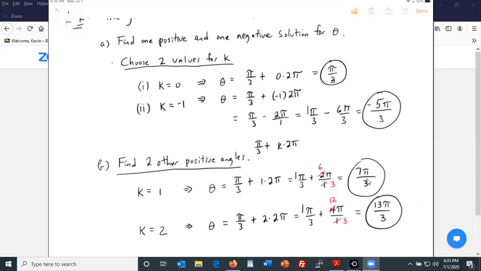What's 7 pi over 3? That's 2.3. So you would scratch this off. 13 pi over 3, that's 4 point something, right? 13 over 3. So you would scratch that off also. So 3 of these numbers that you see on the screen here, they're not between 0 and 2 pi. Only the top one is, right? Because it's 1/3 pi. So just think 1/3. That's between 0 and 2. Okay?